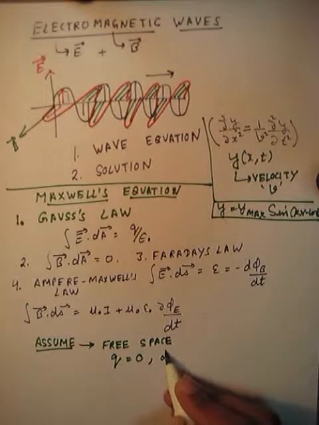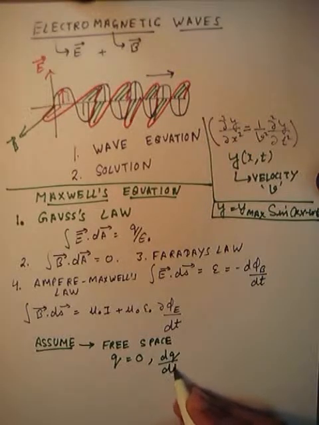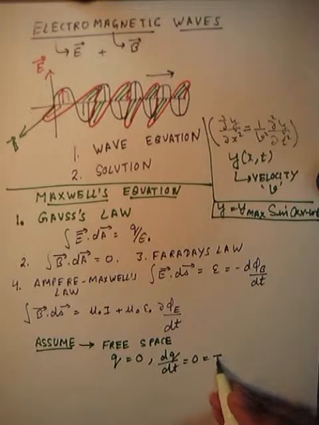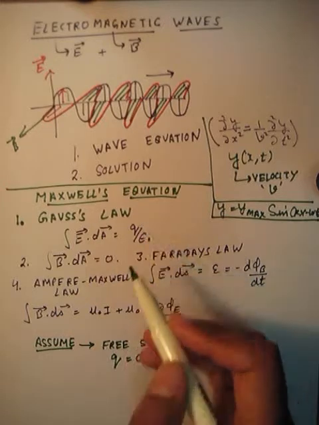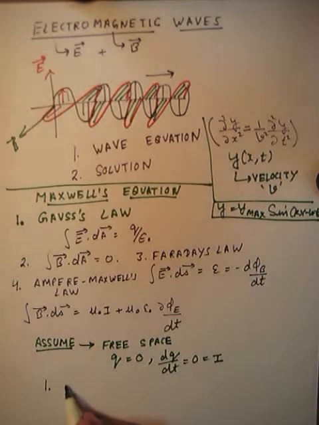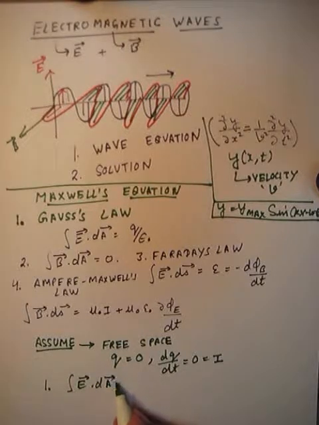And if there are no charges, it means that dq upon dt will be 0, or current will also be 0. So these equations turn out to be: the first one, the integral of E vector dot dA vector must equal 0. The second one, the integral of B vector dot dA vector must equal 0.